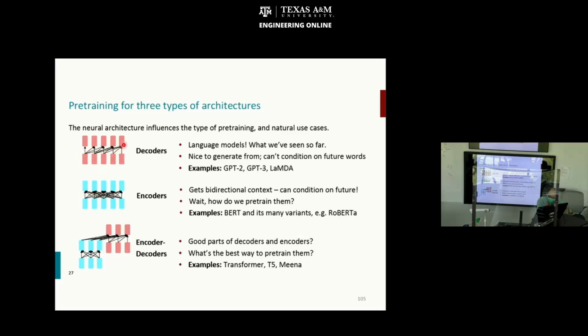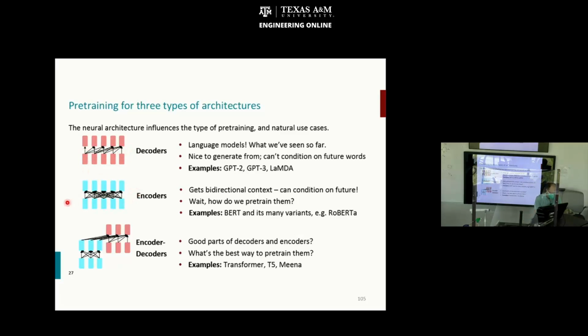In the case of the decoder, H0 only depends on X0, H1 depends on X0 and X1, and H2 depends on X0, X1, and X2, but not X4 and X5. These are the future. So pay attention to that.